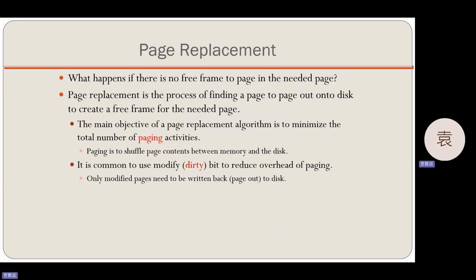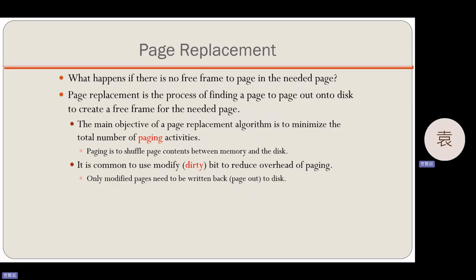Paging means you may need to shuffle the page content between memory and the disk. To select the right page to page out, in general, we use another flag bit, called the modified bit or dirty bit, to reduce the overhead of paging.